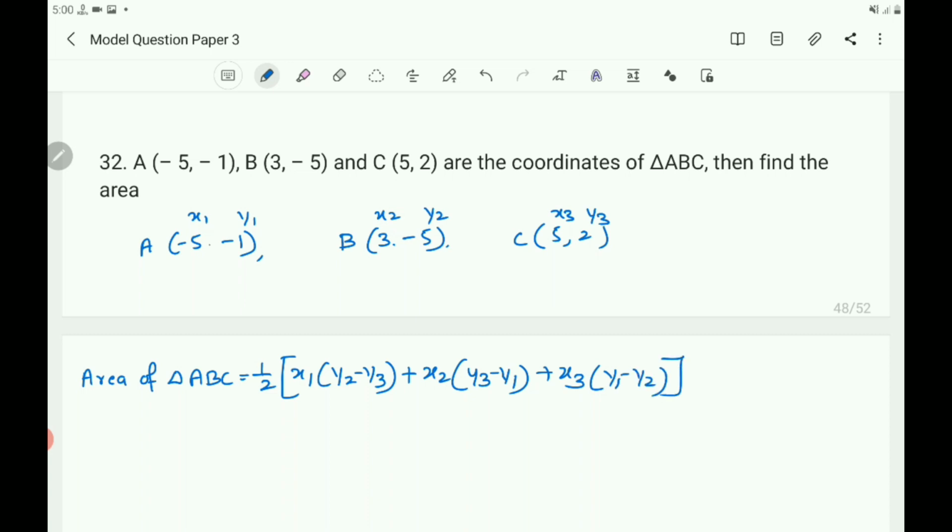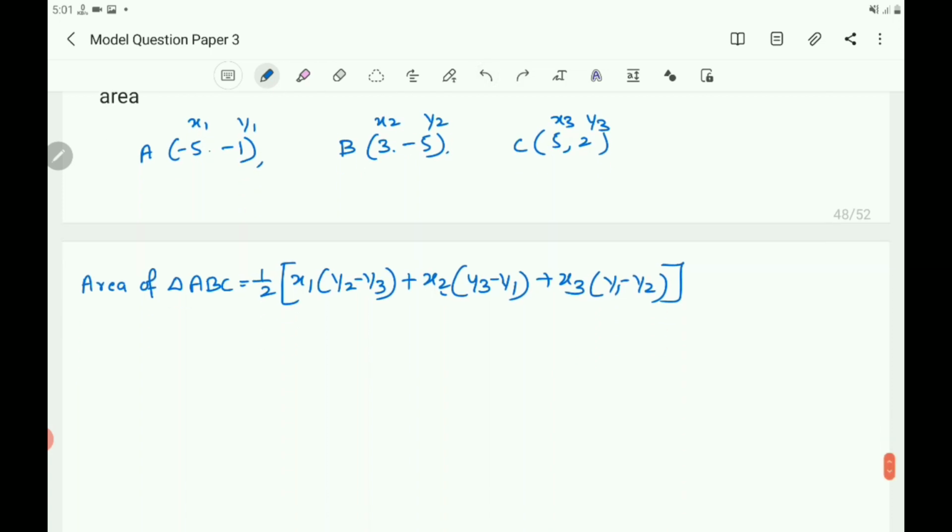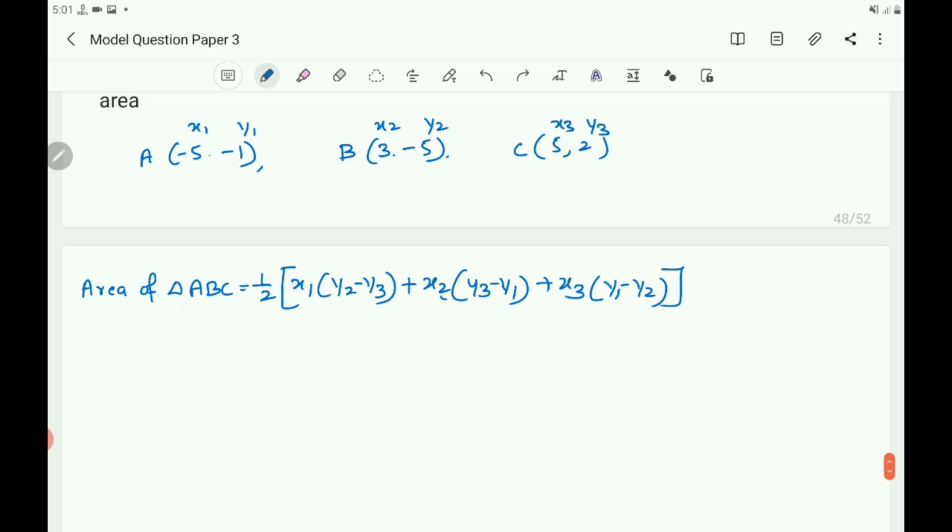See the order here, x1, x2, x3. When x1 is there, we are taking y2 minus y3. When x2 is there, we are taking y3 minus y1. When x3 is there, we are taking y1 minus y2. That we have to observe here. Write in the correct manner.